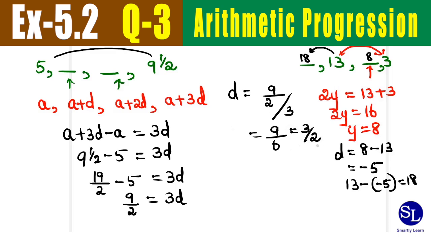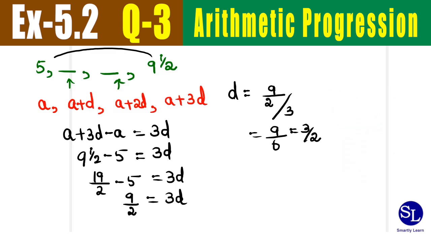So we found the common difference to be 3 by 2. Now let us calculate the second term. How do you calculate the second term? We have to add the common difference to the first term. So 5 plus 3 by 2, which after taking LCM is 10 plus 3. So this is 13 by 2. So the second term here is 13 by 2.